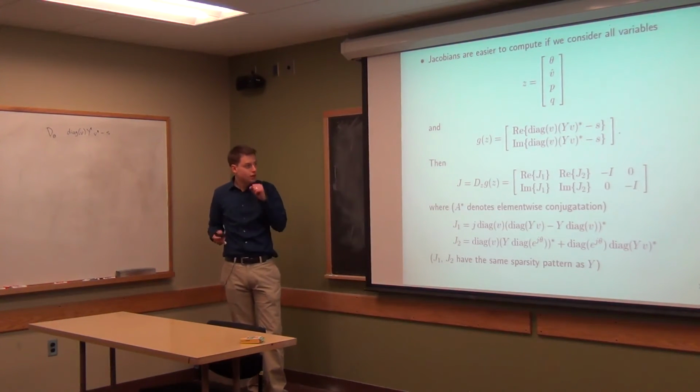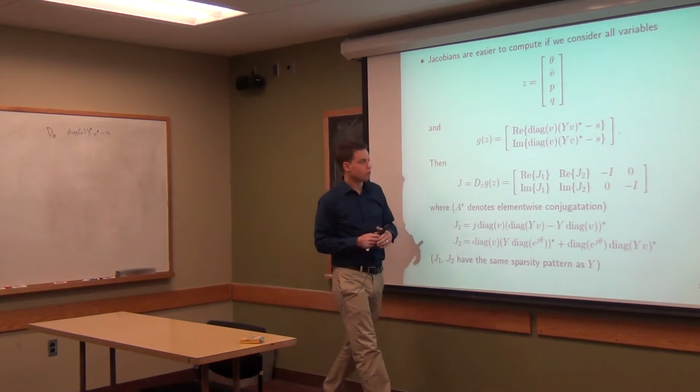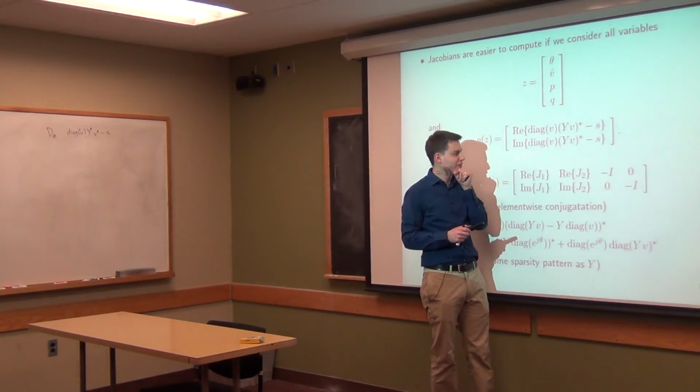You said for C it is all real. Yes, so if you have the Q that represents the reactive part, it is still real. It's actually interesting here. Maybe I should write this out a little more.